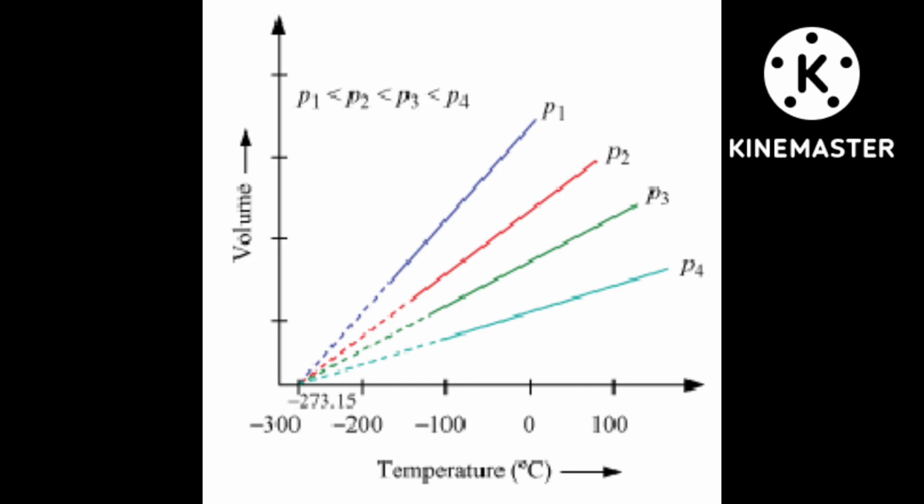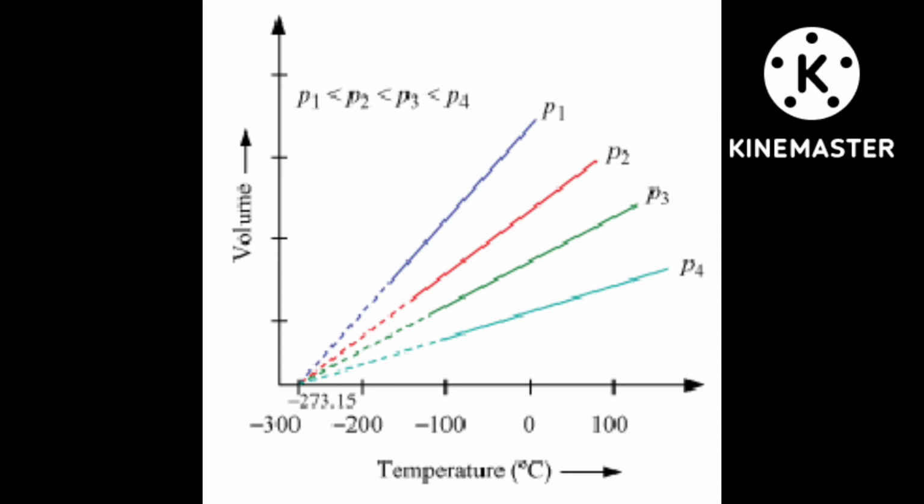When pressure is constant, you draw this plot of volume versus temperature at different pressures, suppose P1, P2, P3, P4. If you extend these straight lines, slowly all will meet at one place, and that temperature will be minus 273.15.